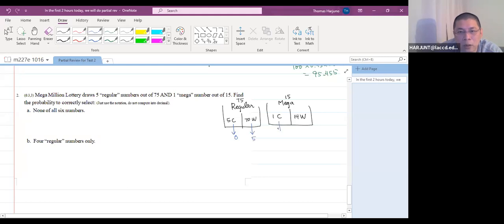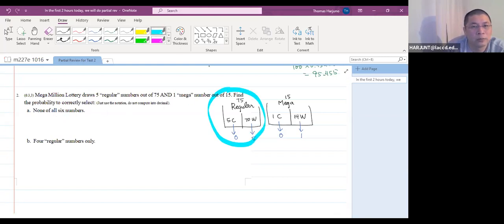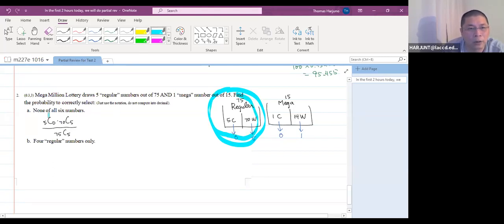For the mega one, it has to be wrong, so nothing from here, 1 from here. So what's the probability? From this group, it will be 5 choose 0 times 70 choose 5 over 75 choose 5. That's the probability of getting all wrong for the regular part, times the probability for this event to happen.